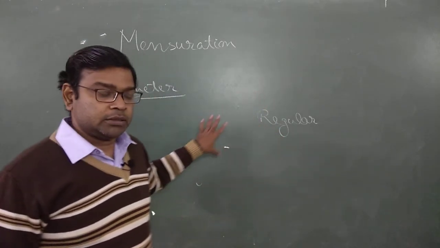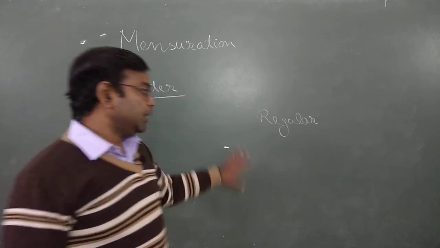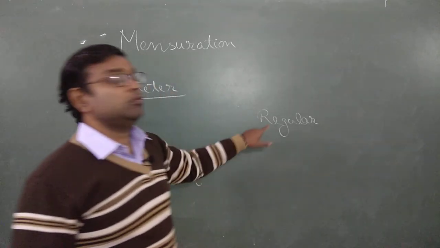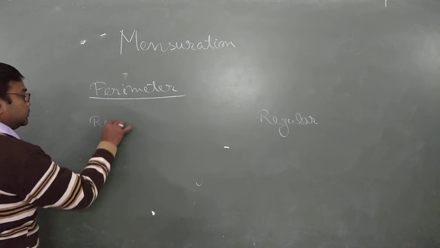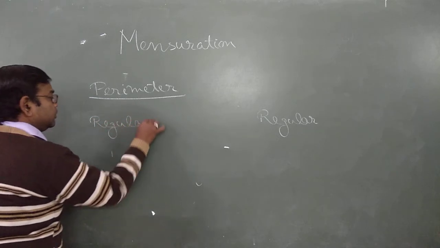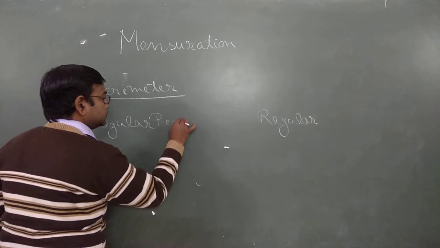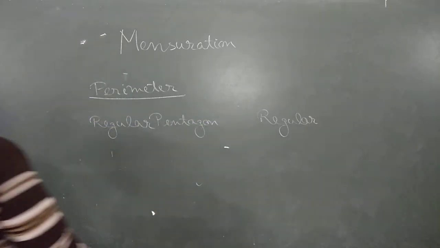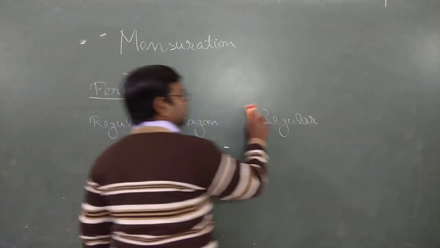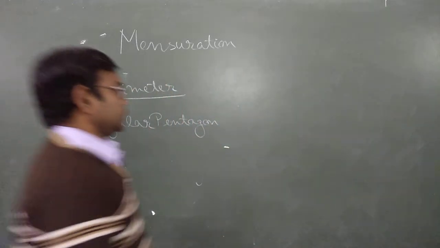In mensuration, it signifies that all sides have equal length. Regular pentagon. There must be a word regular pentagon. So what is the meaning of regular pentagon? As we know, pentagon means a polygon having 5 sides.